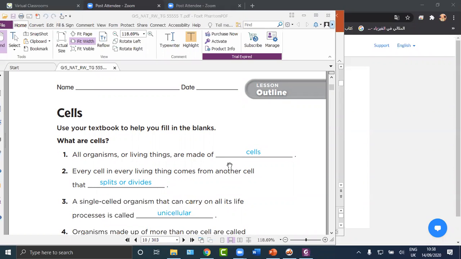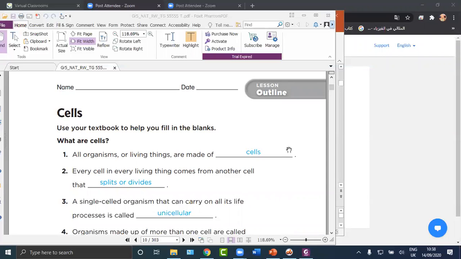Number five. Ahmed Al-Gharabawi. We did number four. Number five: scientists have identified more than blank different kinds of unicellular organisms.